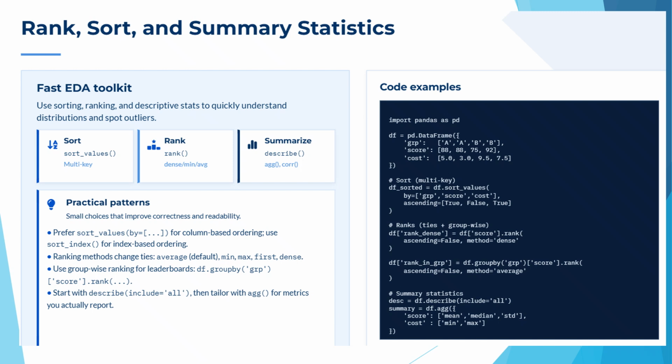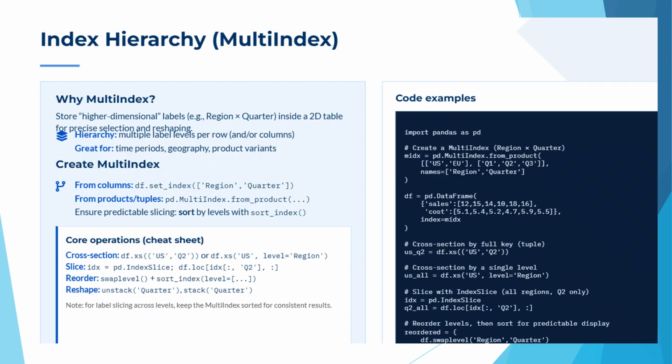The describe function generates summary statistics for numerical and categorical data, providing insights such as count, mean, standard deviation, and percentiles. Additional functions like agg allow custom aggregation of specific metrics, and corr helps in understanding relationships between variables by computing correlation values. These functions together provide a comprehensive way to analyze and summarize data effectively.